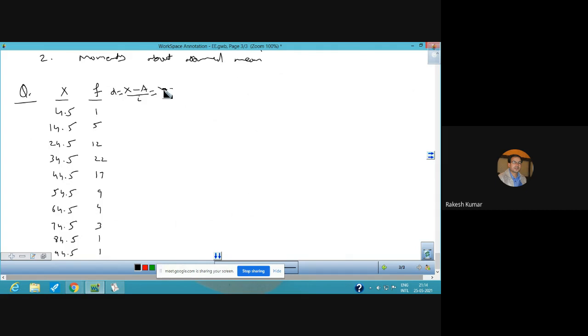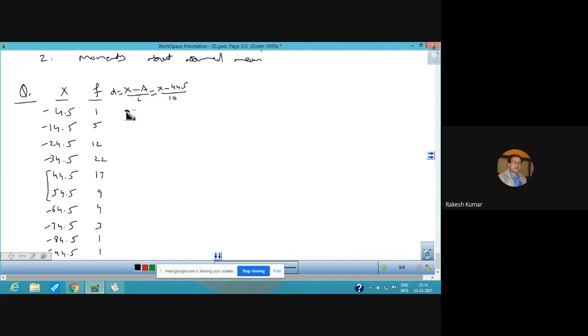The assumed mean we have to take in between, between these two middle values. Suppose I take 44.5 here, and 10 is the difference between these values.